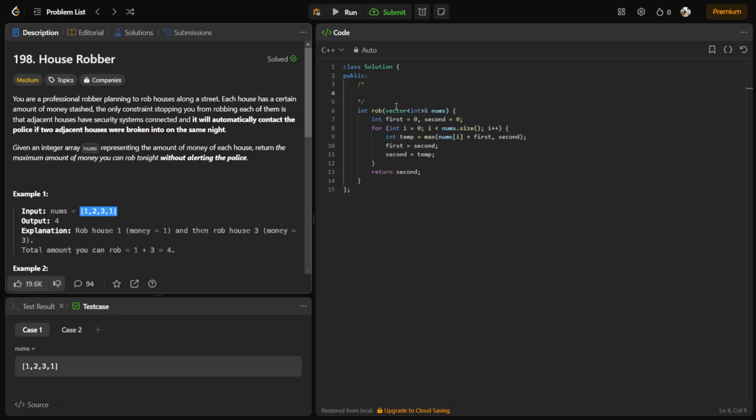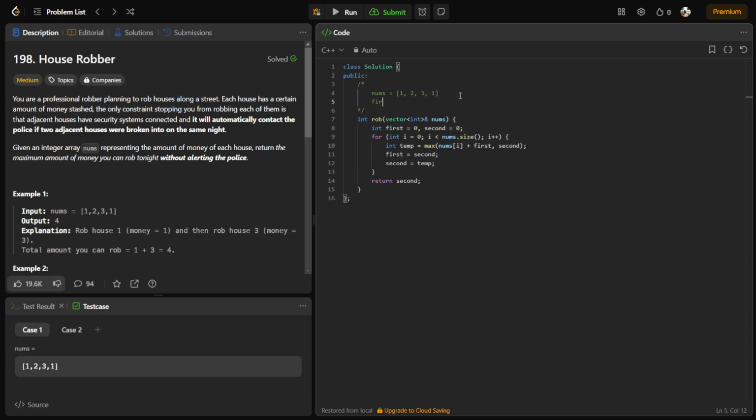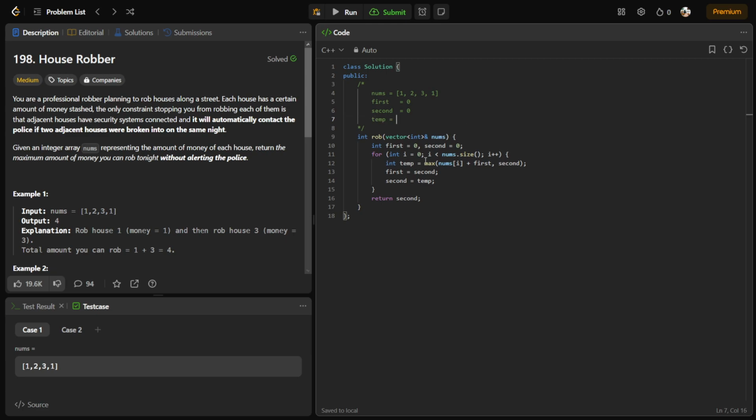So let's say nums is this. First and second are both 0. Here I have a for loop which iterates through every house, and a temp value which will store the maximum of the two options, right?